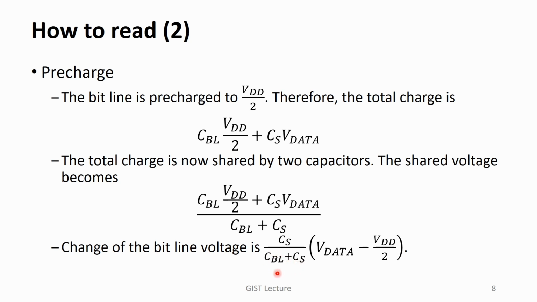Since the bit-line capacitance C_BL is much larger than C_S, this ratio is not that high. Only a small voltage change can be made. Then this small voltage change is amplified by the sense amplifier.